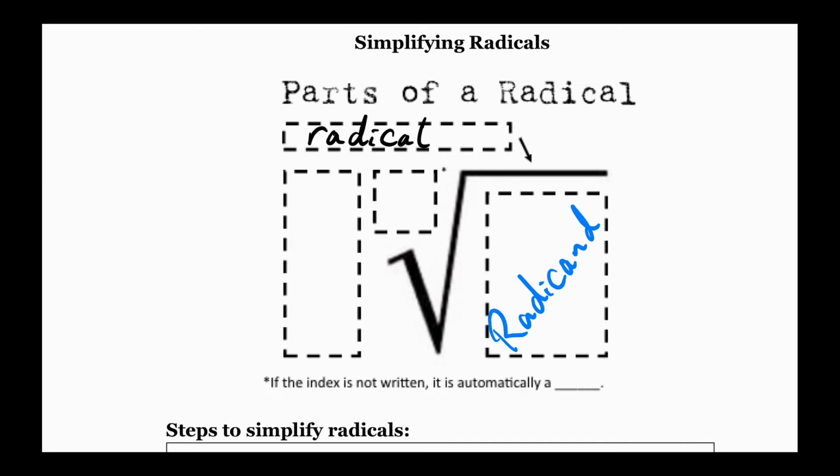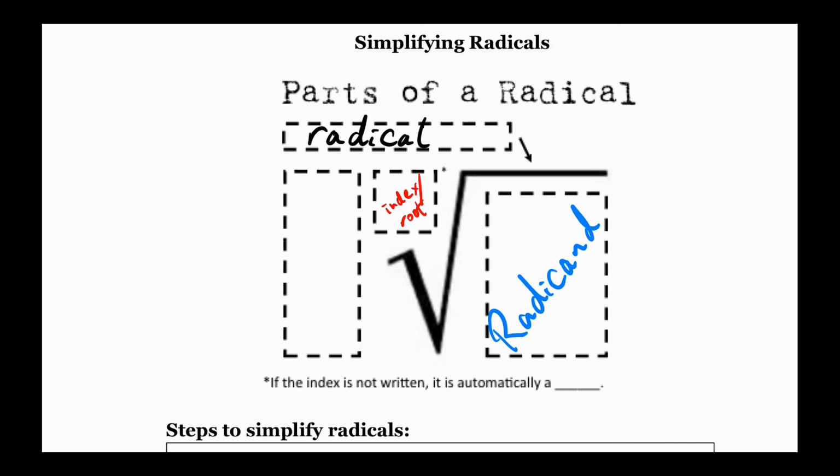The other important part is this little number here. Sometimes it's not there. It's called the index or the root. So the index or the root tells us a couple things.